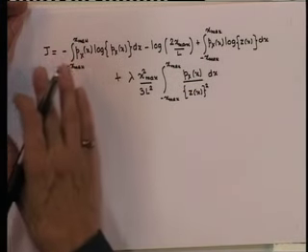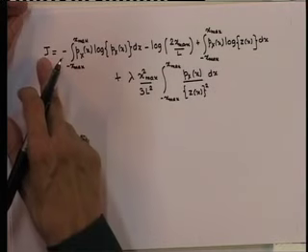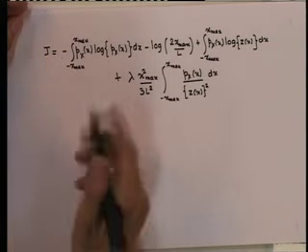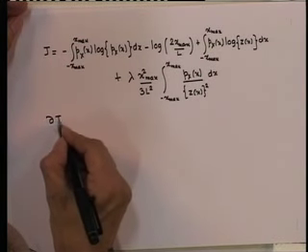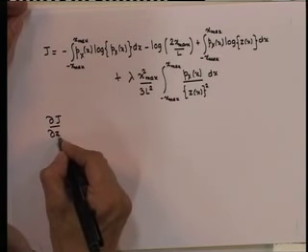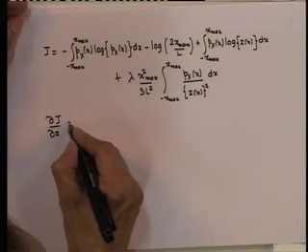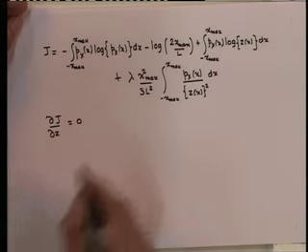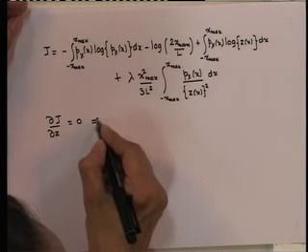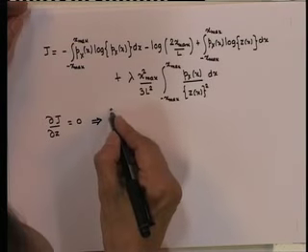Now, to minimize j, we can differentiate j with respect to z and equate the result to 0, and this will give us the following expression.